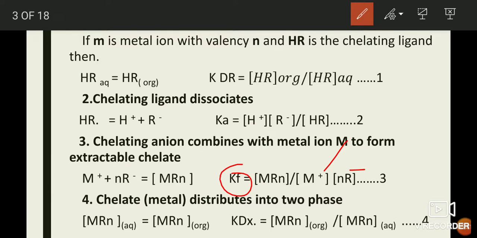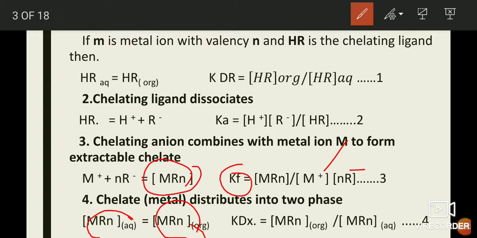Then fourth point, the chelate metal distributes into two phases. This complex metal chelate distributes in two phases, the aqueous and organic phase. Then the equation: the concentration of metal chelate in aqueous phase is equal to metal chelate in organic phase. The distribution of the chelate metal into two phases gives Kdx, which is equal to the concentration of MRn in organic phase divided by the concentration of MRn in aqueous phase.